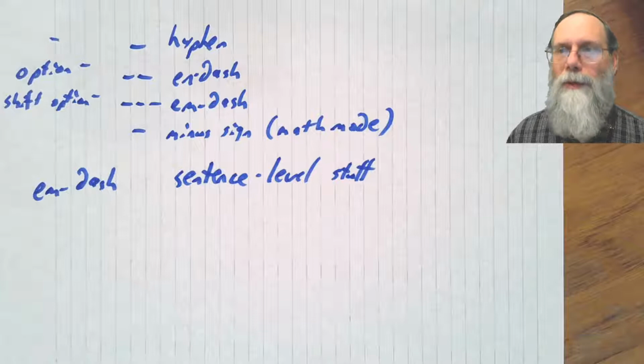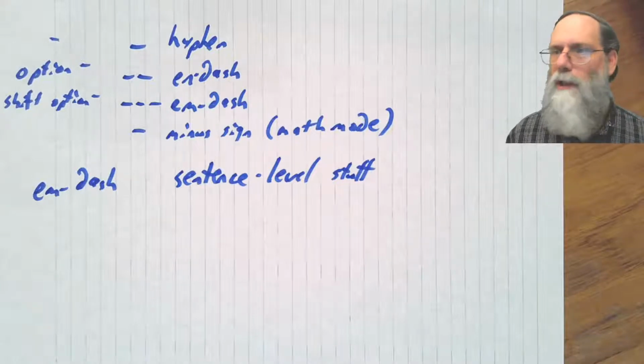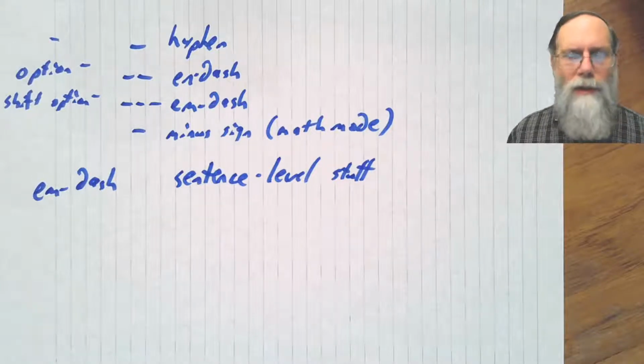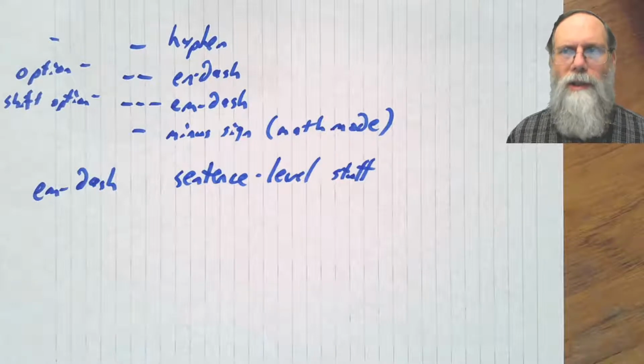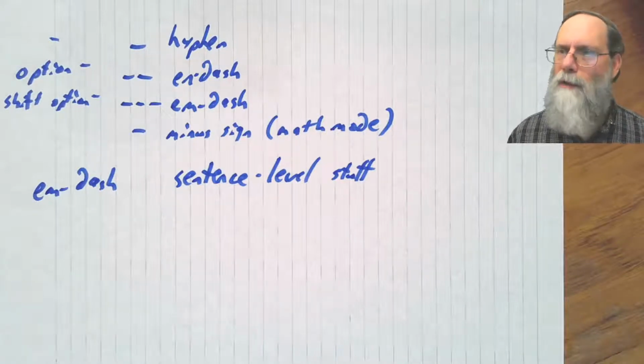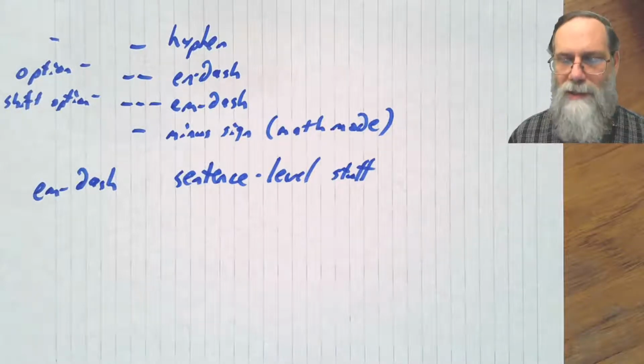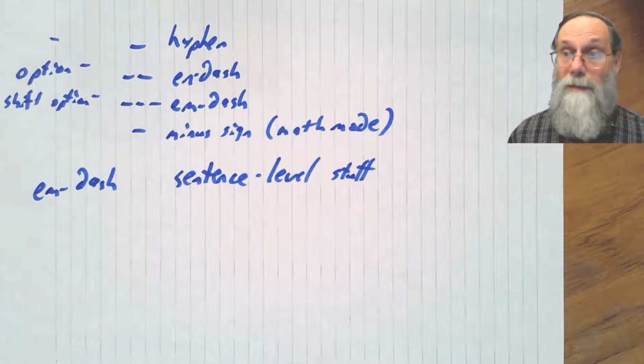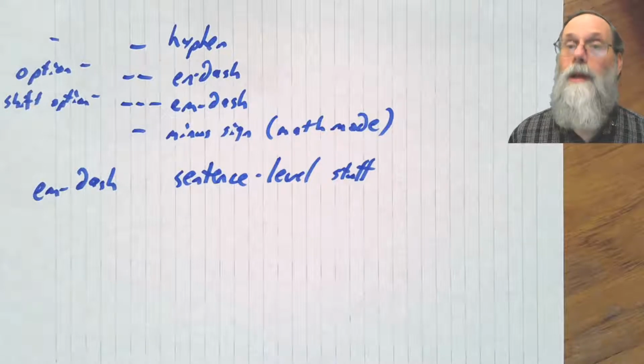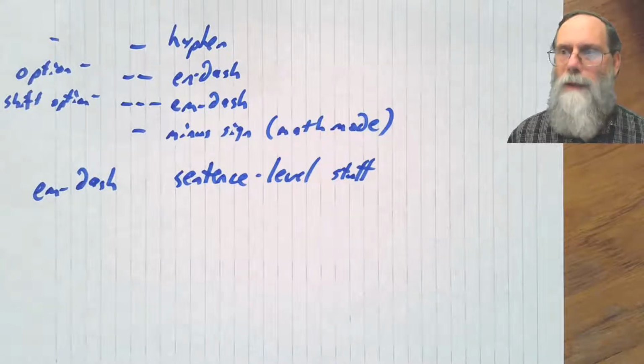It's used for parenthetical sorts of expressions, for sudden shifts in thought. And if you're using a lot of them in your writing, you probably need to rewrite what you're doing, because those sudden shifts in thought can be very confusing to the reader. Not to say you never use them. They are indeed quite useful at times, but there shouldn't be a lot of them in technical writing.